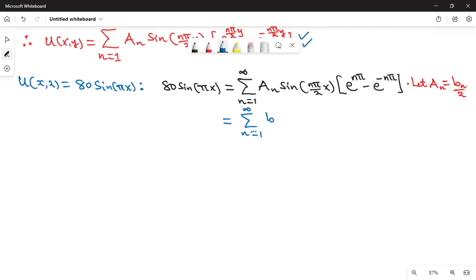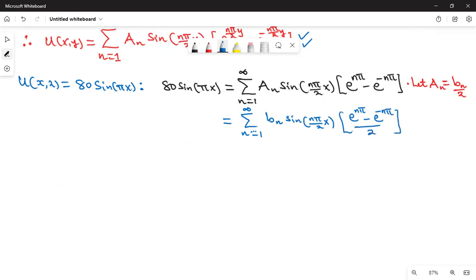Now we'll talk of bn. Remember, it is bn over 2. I want to take the 2 here, so that is exponential of that divided by 2. So here we'll have sine of n pi over 2 x times exponential n pi minus exponential negative n pi, and you divide by 2.